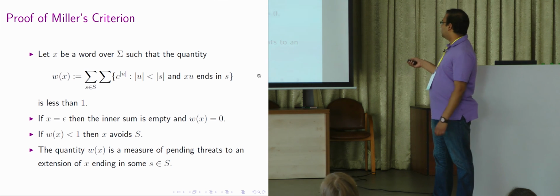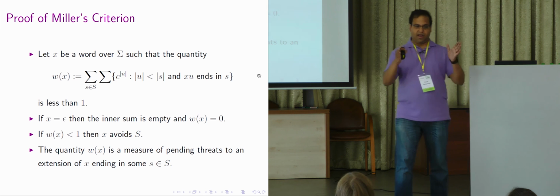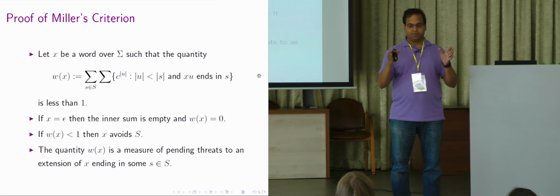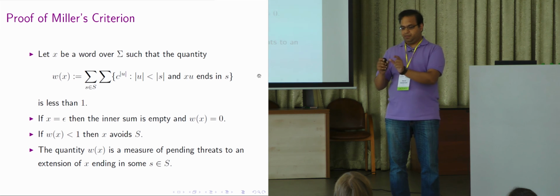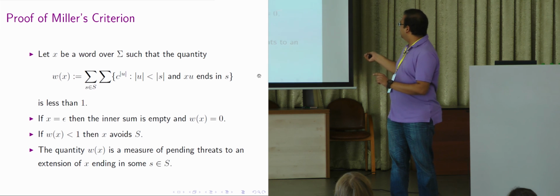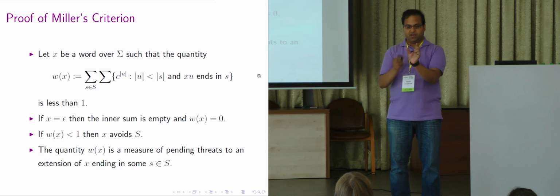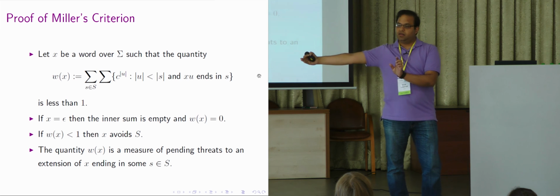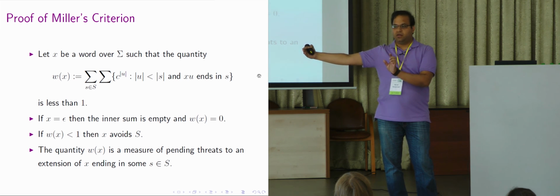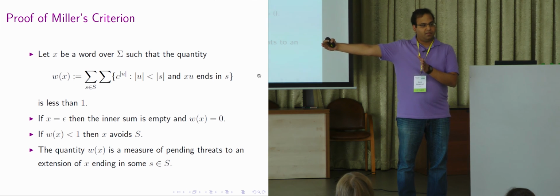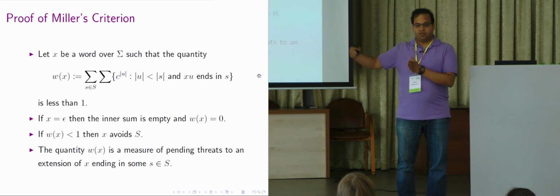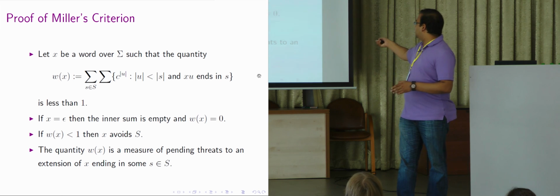So what exactly does this mean? I have this word x. Possibly there is some suffix of x that can be completed to form a forbidden word from the set S. U is the extension that I need to create that forbidden word s.